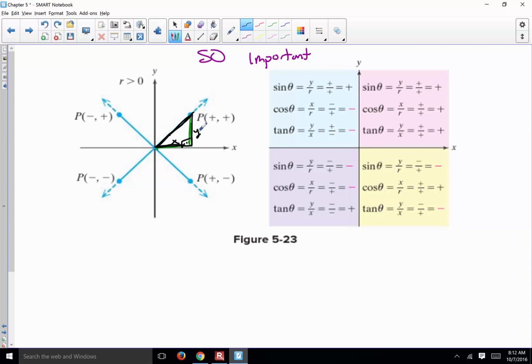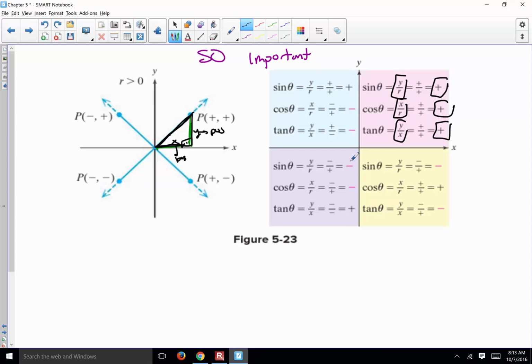X and Y mean sides, and they are always positive. Why is it positive? Because x and y get positive values in the first quadrant. When you compute those x and y and divide by distances, all you get is positive, positive, positive. In the first quadrant: sine, cosine, tangent, cotangent, secant, cosecant.